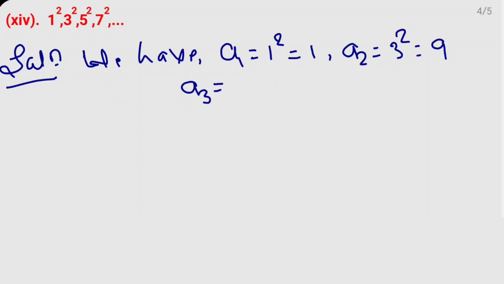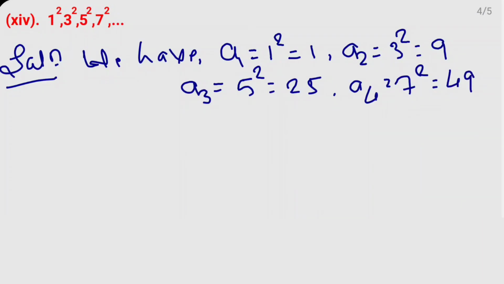And A3, third term is 5 square, 25. Next A4 is 7 square, 7 square is 49.